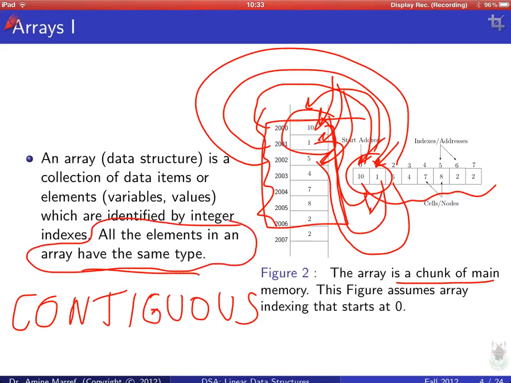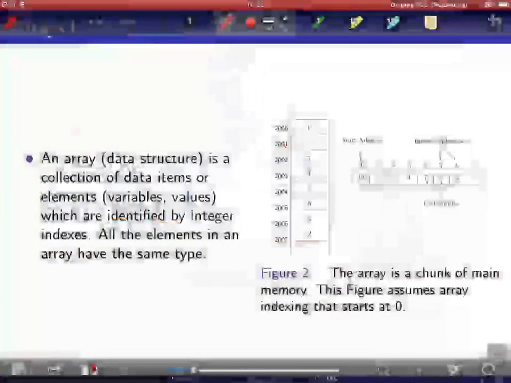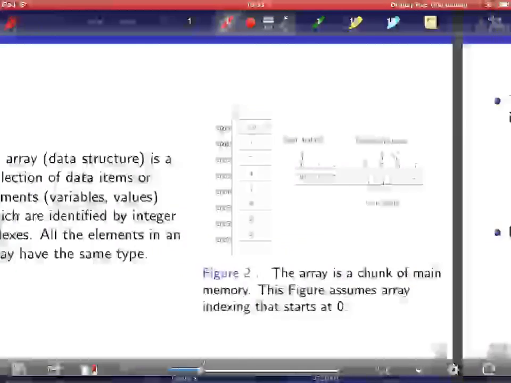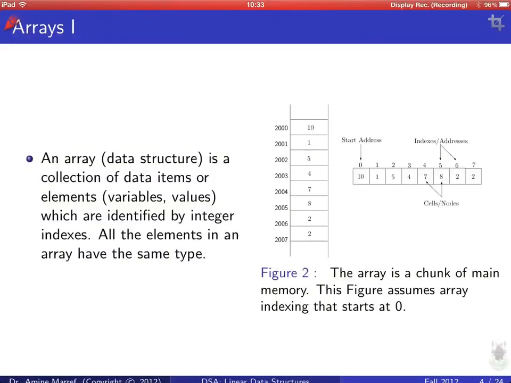That's why we explained that in order to find the element at index 1 in the array, all we need to do is know the address of the array, and we already know that, and add to it the index of the element. So in order to find A of 1, we just add S to 1 and then find what is at A of S plus 1. That's what we are saying in this slide here.